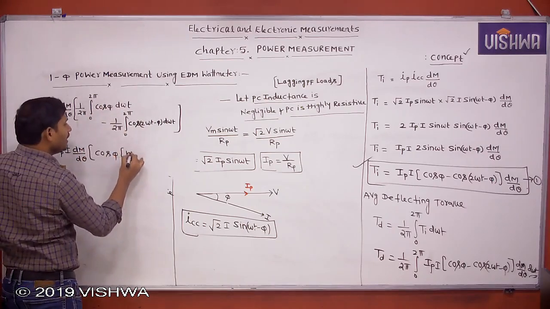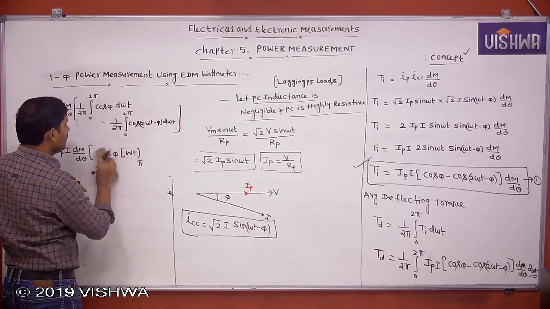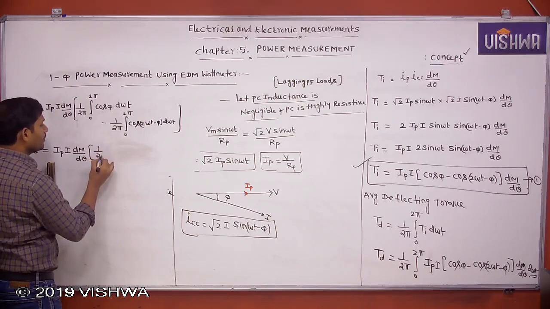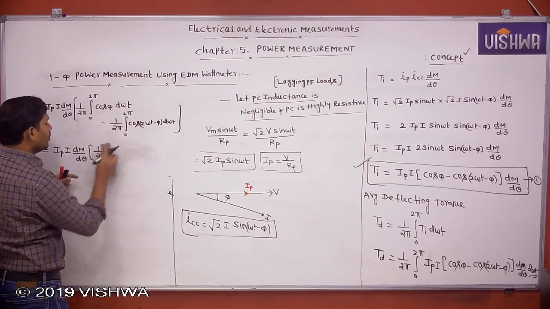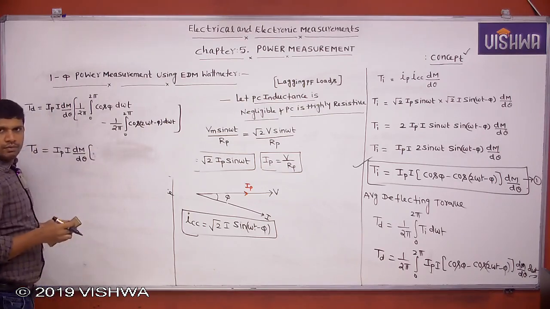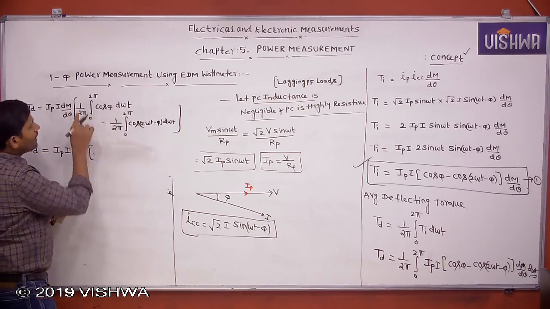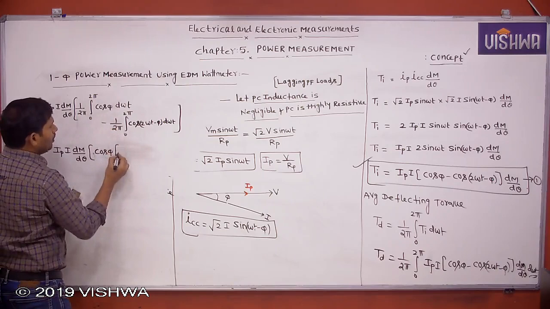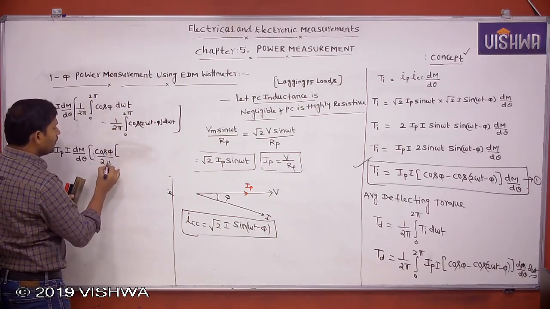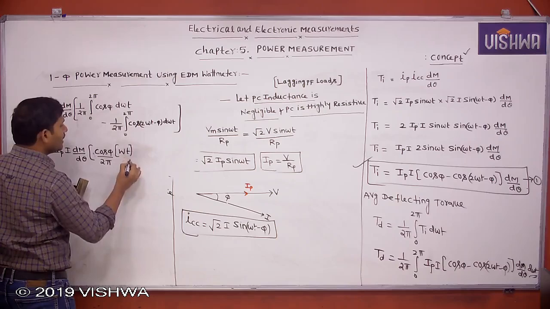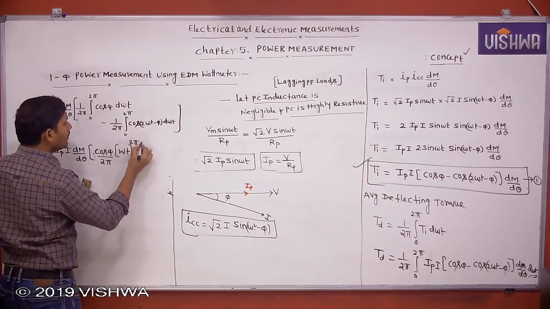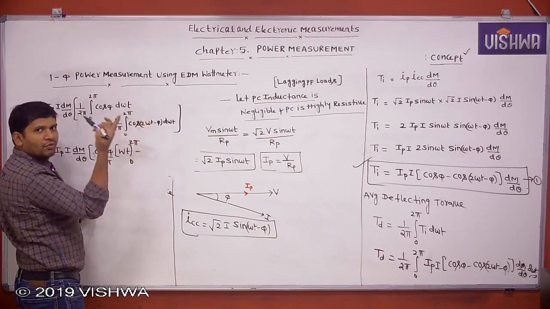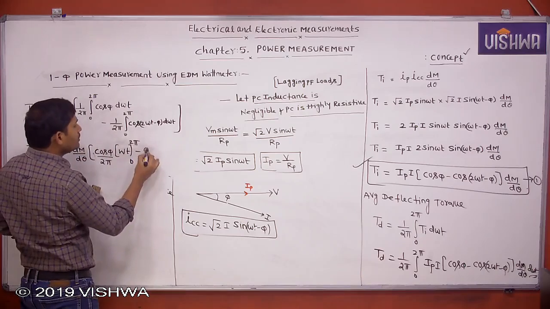So 1 by 2 pi, cos phi, omega t from 0 to 2 pi, minus the integration of cos(2 omega t) over one cycle. The cos function over one cycle is 0.